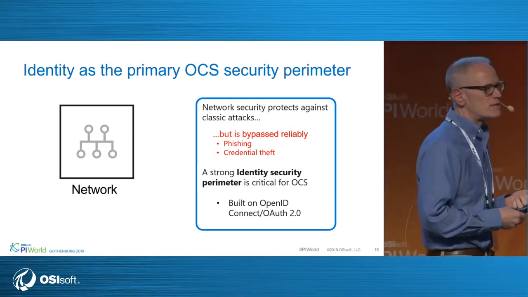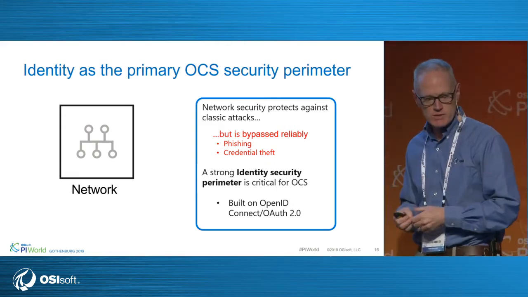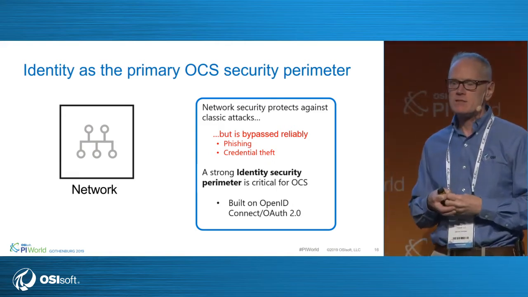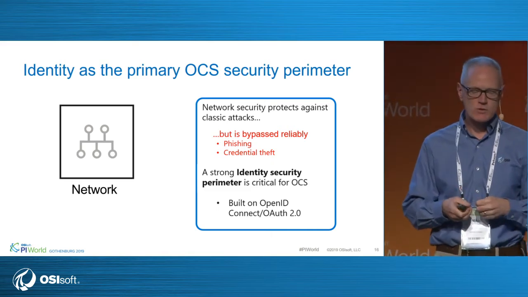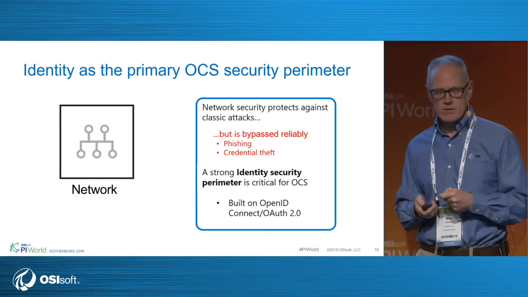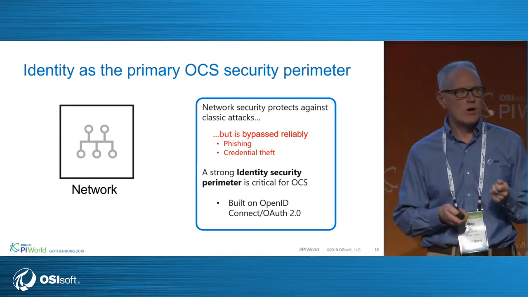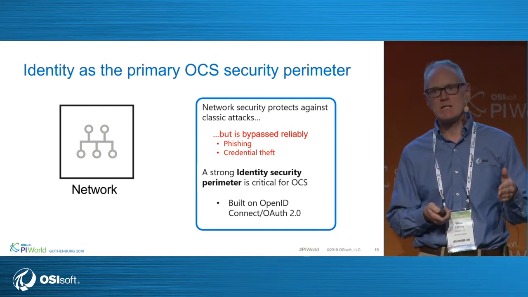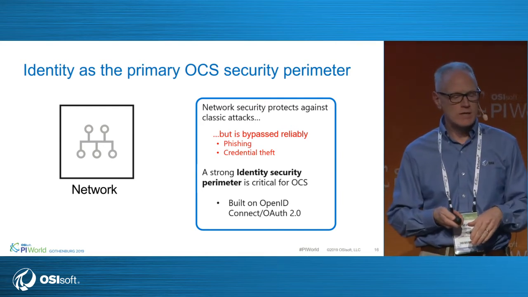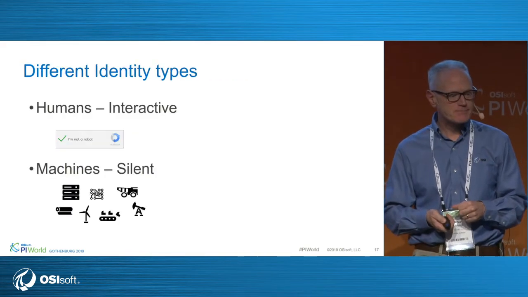So all the more reason to move away from the approaches of the past of network and build for an architecture of the future focusing on the identity perimeter. The most innovation at the forefront of this field right now are two standards, OpenID Connect, which is built on OAuth 2, and that is the approach that we are using, OpenID Connect.